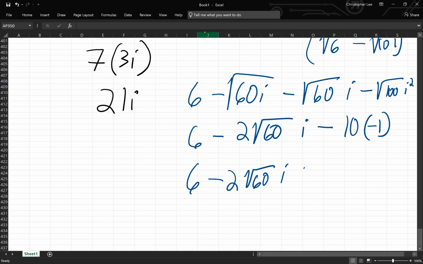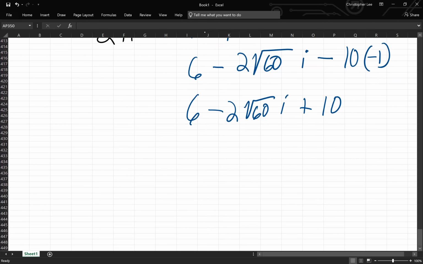Negative is a positive, so plus 10. I guess you probably want to put it in a plus bi form, right? So combine like terms, 6 plus 10 is what? So 16 minus 2 square root 60i.